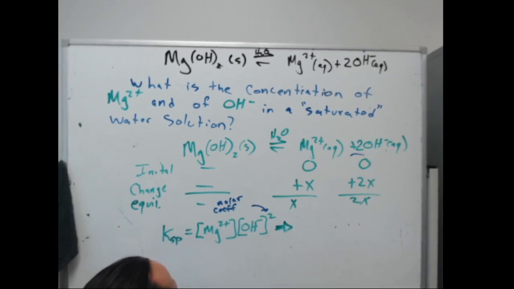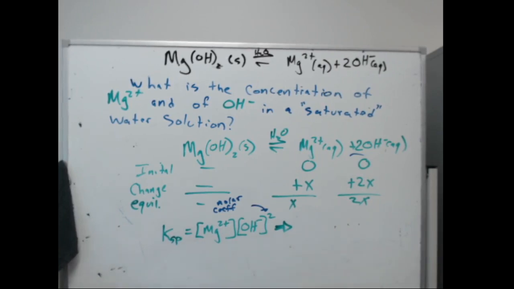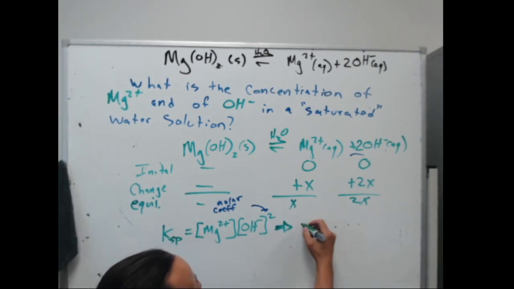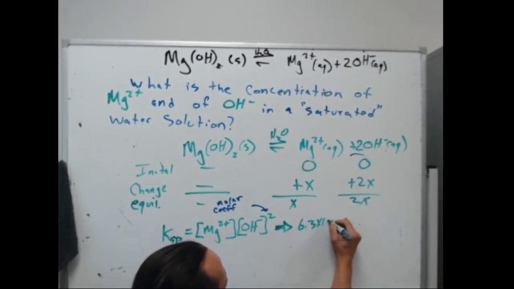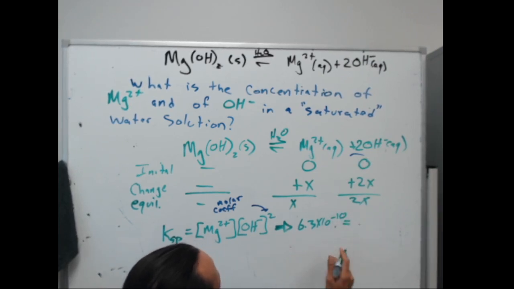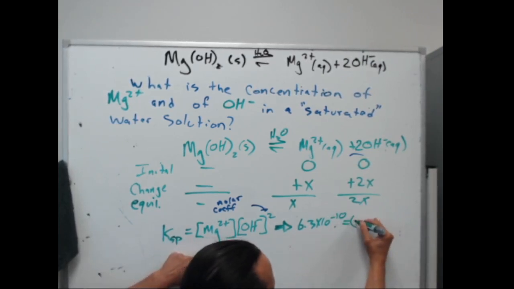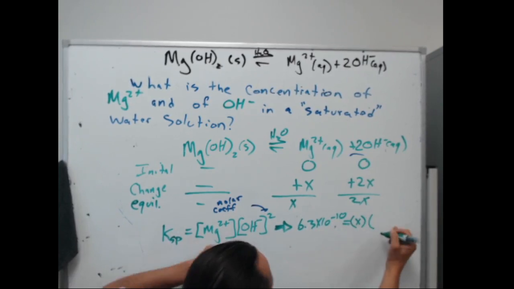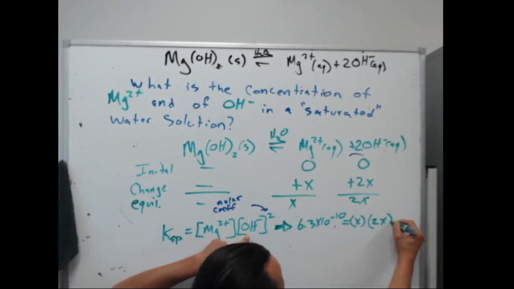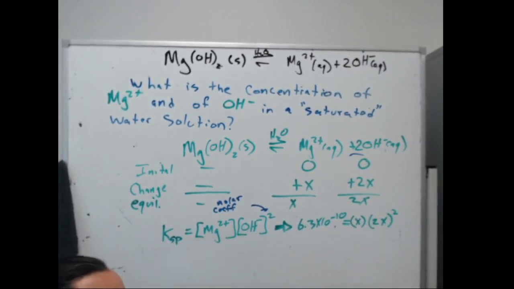Then I can say my KSP value for this, again, I've got it down already, is 6.3 times 10 to the minus 10, and that's going to be equal to my magnesium concentration times my hydroxide concentration squared. So notice again that 2 is being used in multiple ways. The stoichiometric and the energetic.